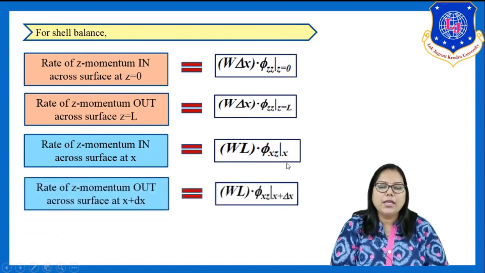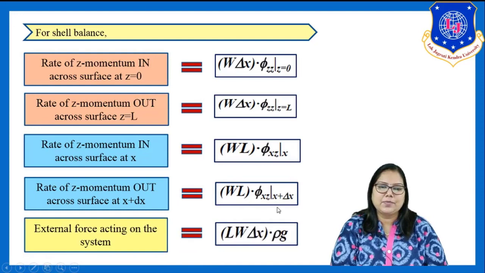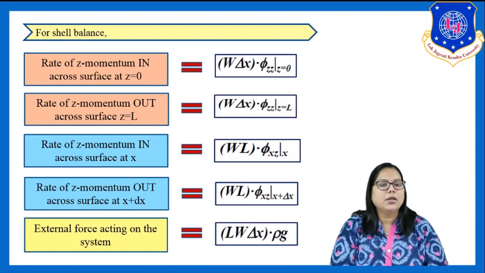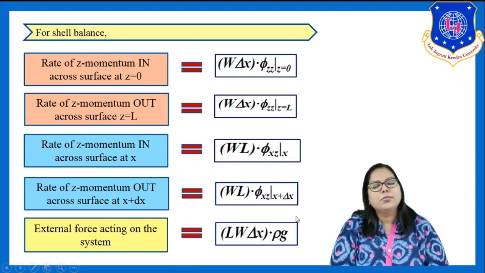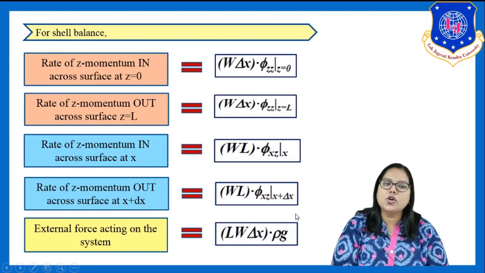In the same way, rate of z momentum out across surface at x plus delta x equals WL phi xz at x plus delta x. And the last is the external force, the gravity force acting on the system. We all know how to write the gravity force, which is LW delta x into rho g. But the plate is inclined, so the component will be LW delta x rho g cos beta.